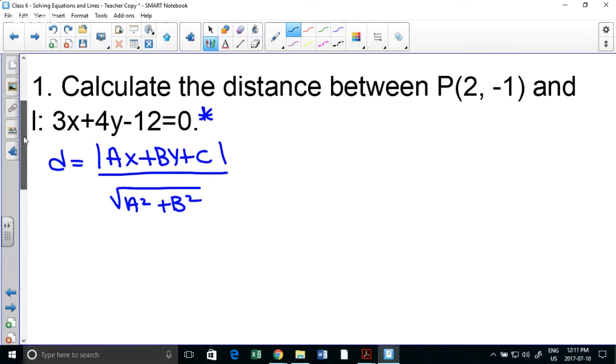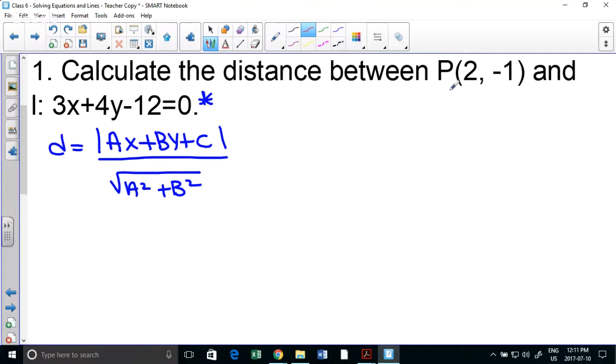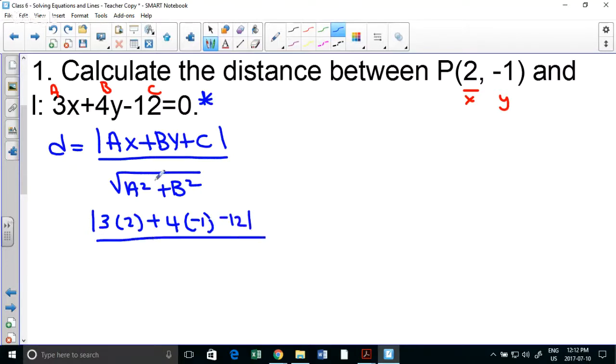And now we just plug in our values. So this is my x, this is my y, this is my a, b, and c. So I have 3 is my A, 2 is my X, 4 is my B, -1 is my Y, and my C is -12. A squared, so my A is 3 and my B is 4.